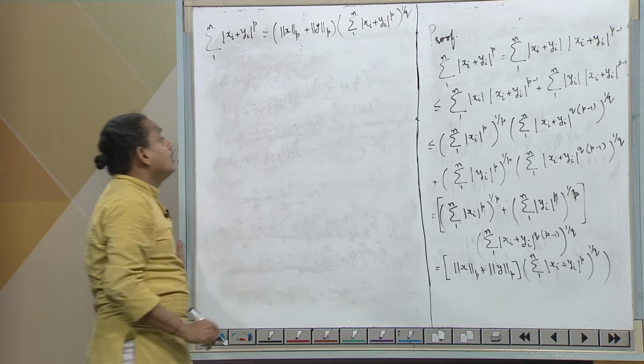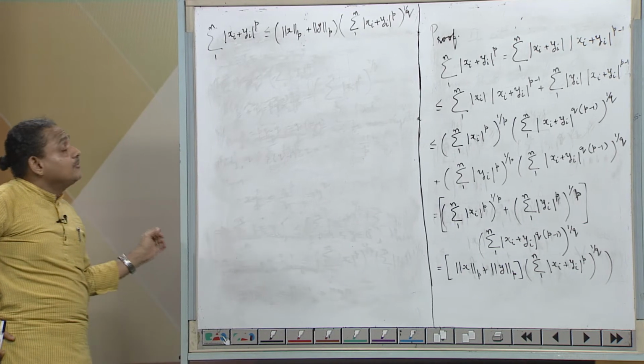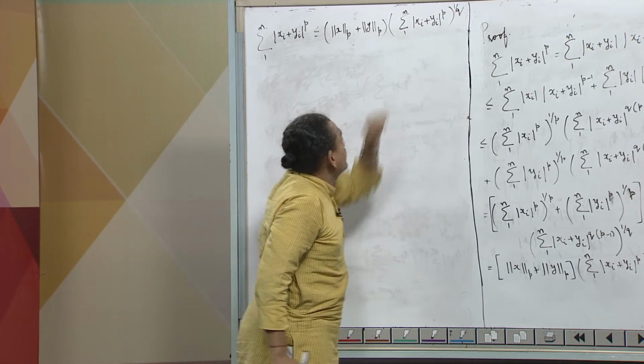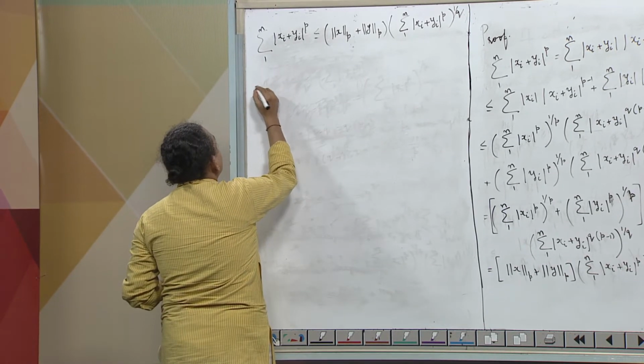So, what we are going to do is divide both sides by this quantity.